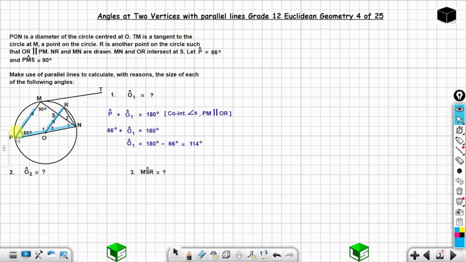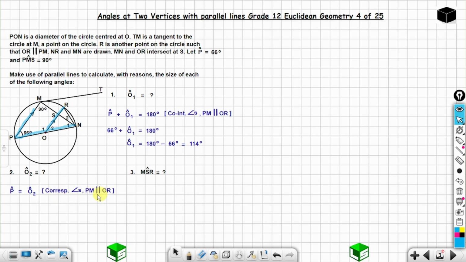Remember from the previous slide, F is for corresponding angles. So the angle P is equal to the angle O2 because you have F and PM parallel to OR. The reason is corresponding angles.